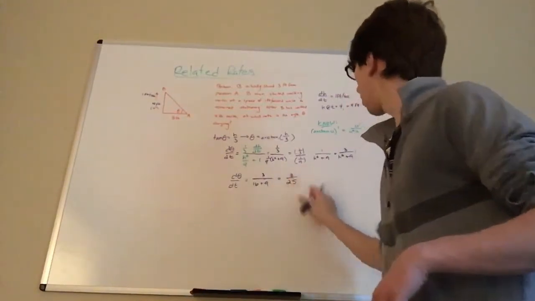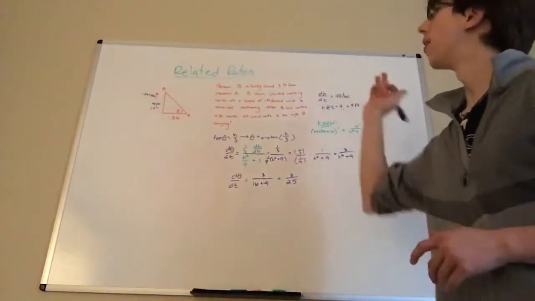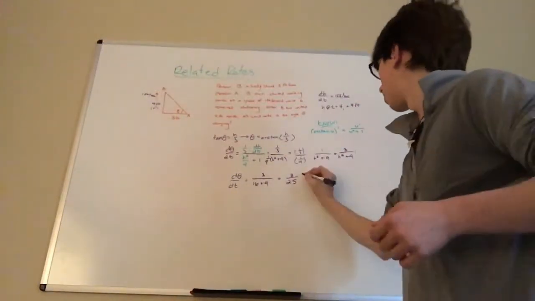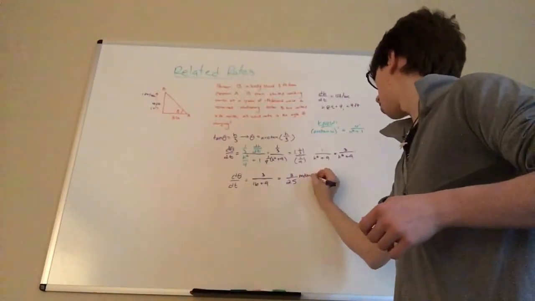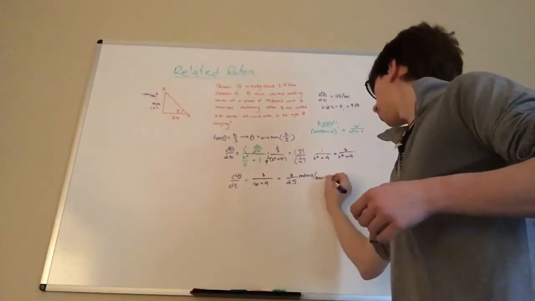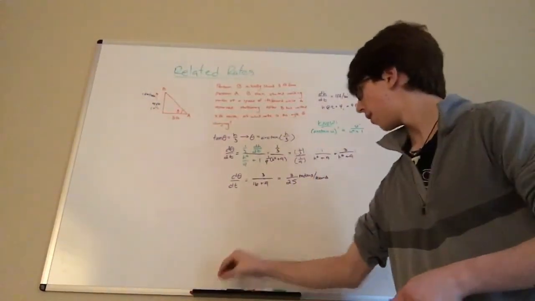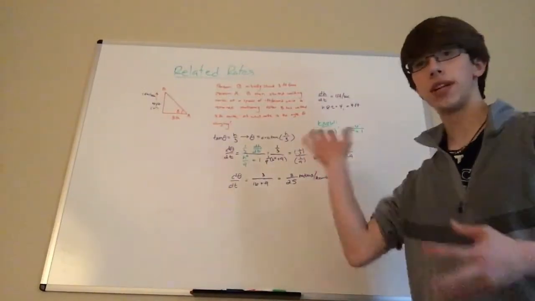So then we put our units. The angle is in radians, so this is radians per second, because our unit of time is still seconds. And that's how you solve a related rates problem.